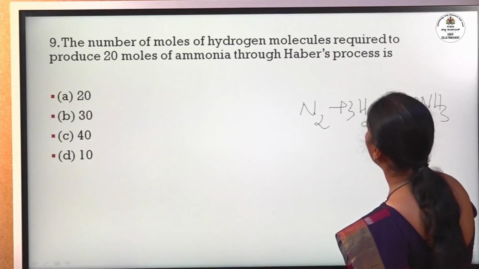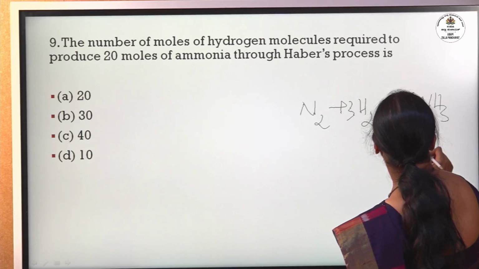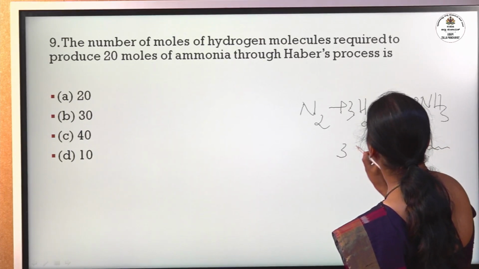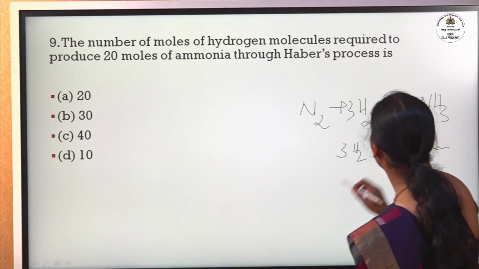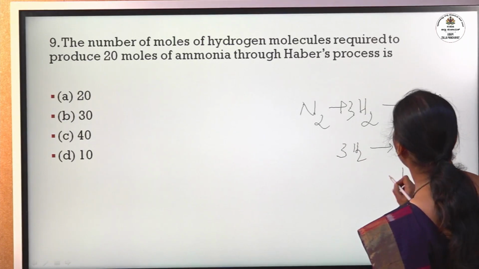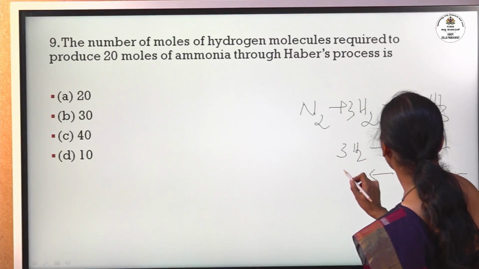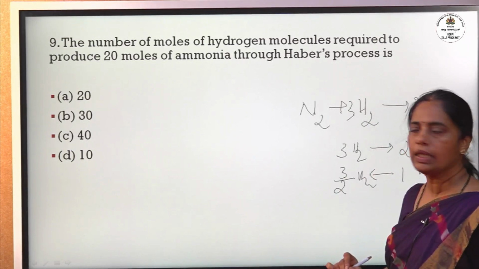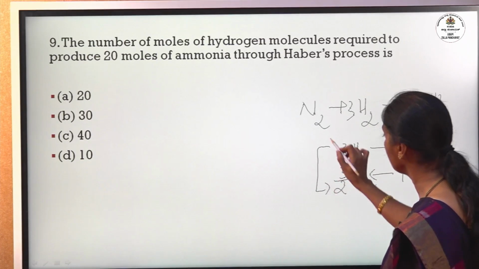From the equation, for 2 moles of ammonia, we require 3 moles of hydrogen. Now 1 mole of ammonia can be prepared by 3/2 moles of hydrogen.